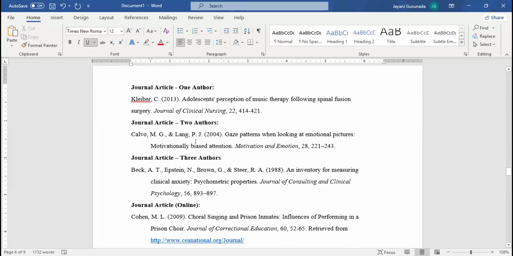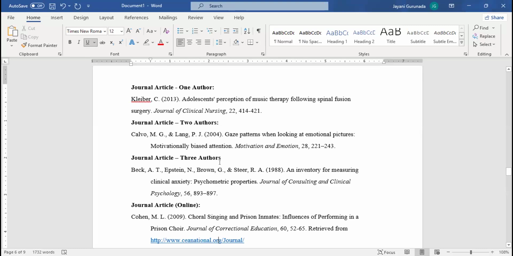Gaze pattern when looking at emotional pictures, motivationally biased attention. Here the journal is italicized. This volume is 28. Volume refers to the volumes in which journals are issued, and these are the pages.